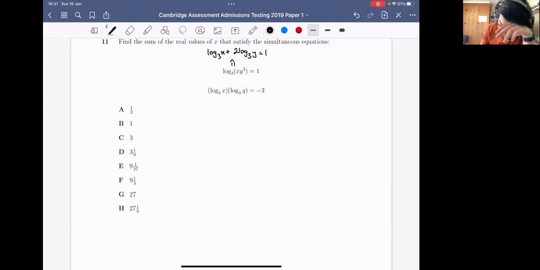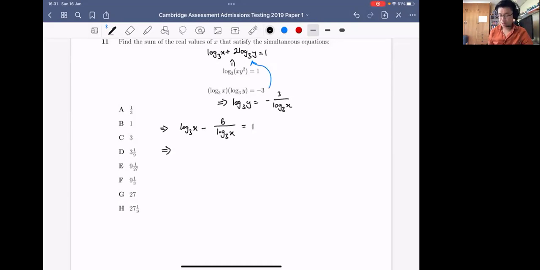Oh, I see. The second equation implies log 3 of y is minus 3 times log 3 of x. Then you substitute this into here so that we get log 3 of x minus 6 log 3 of x equals 1, multiplied by the lowest common denominator on the left-hand side, so that you get log 3 of x whole thing squared minus 6 on log 3 of x is equal to 1.